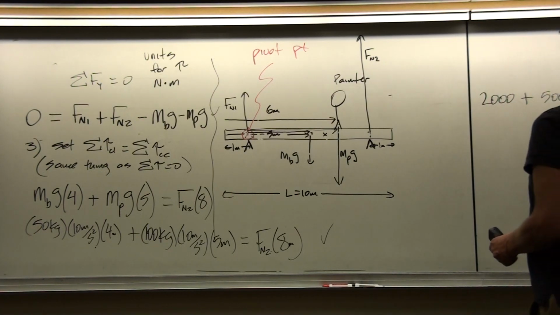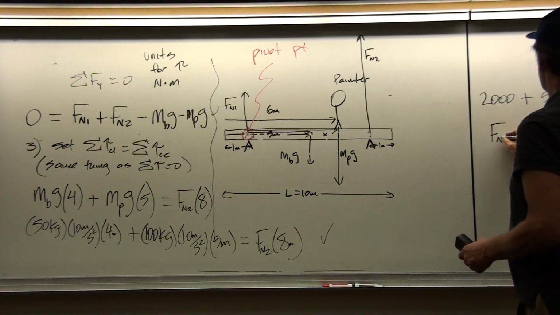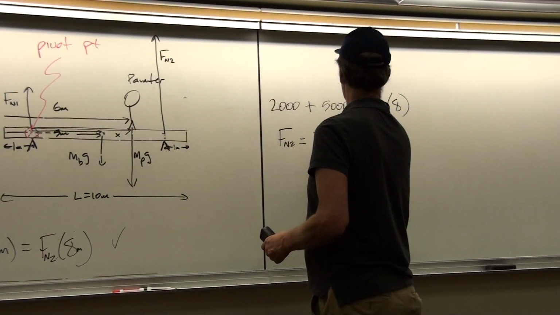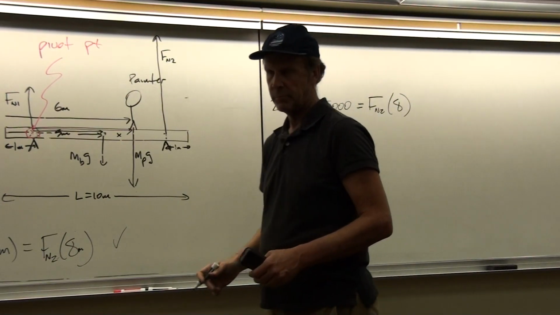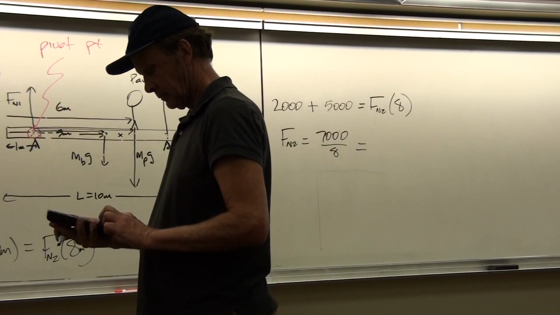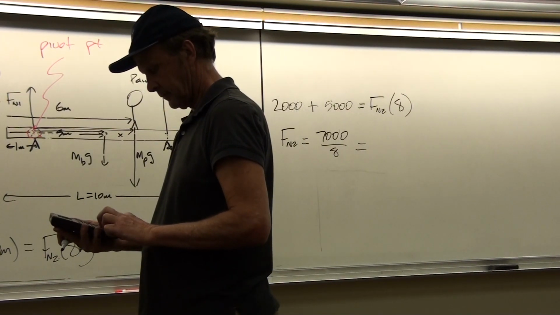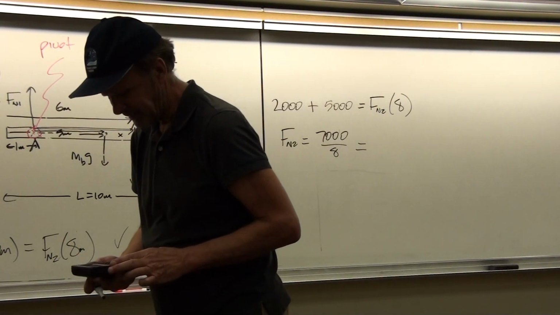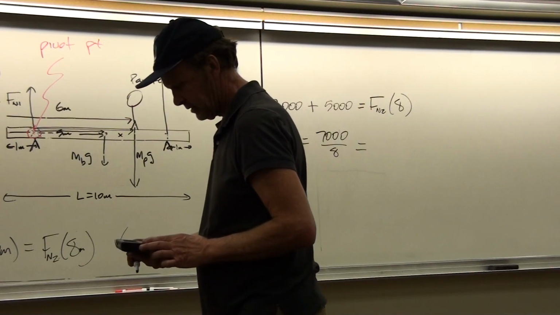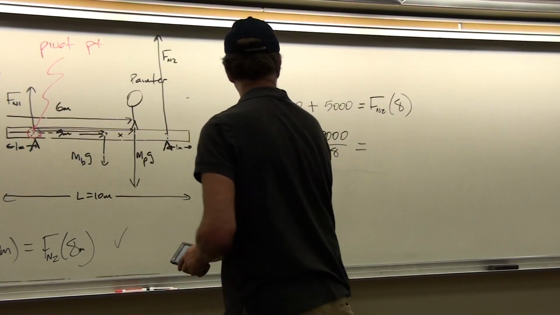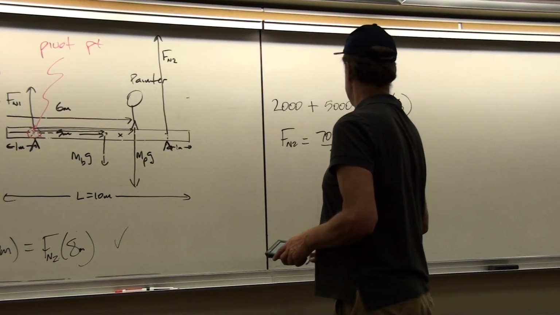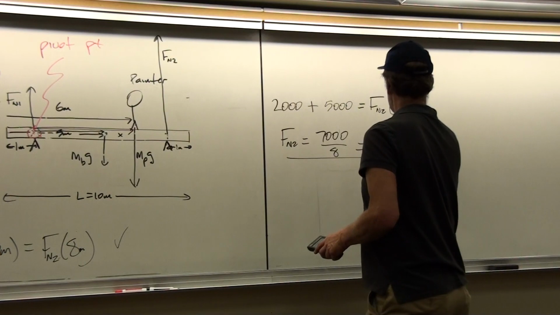Okay, so F normal 2 is going to equal 7,000 divided by 8. And so that gives us 875 newtons. That's F normal 2. So we have that.